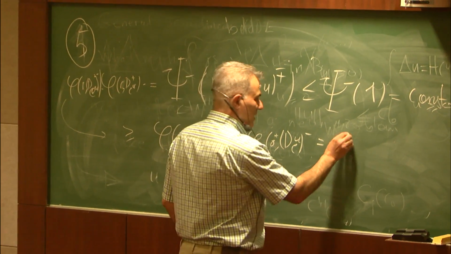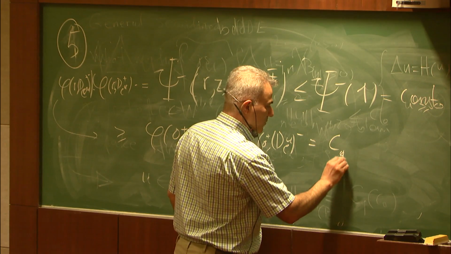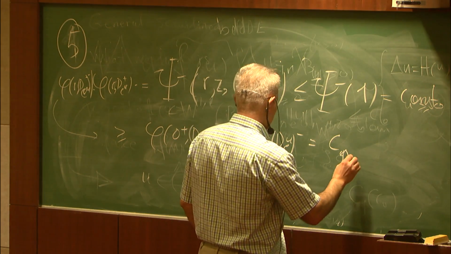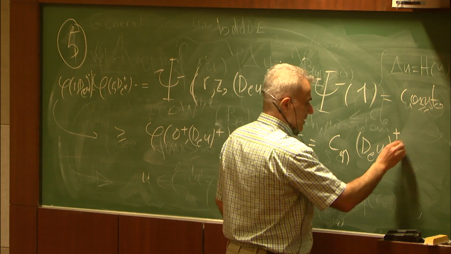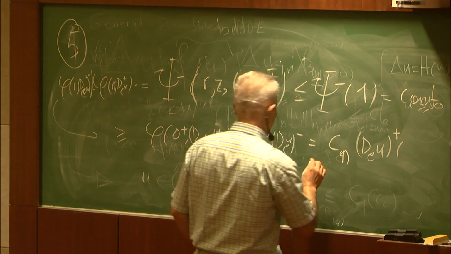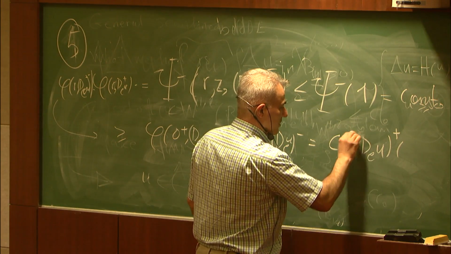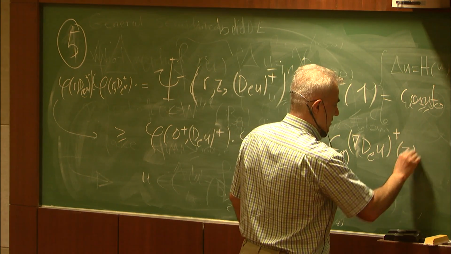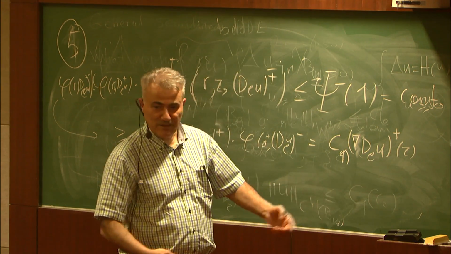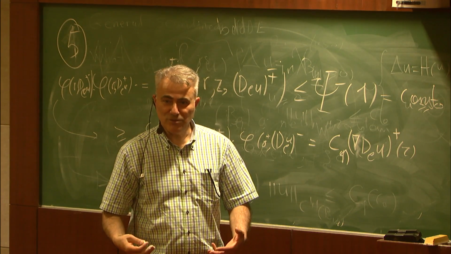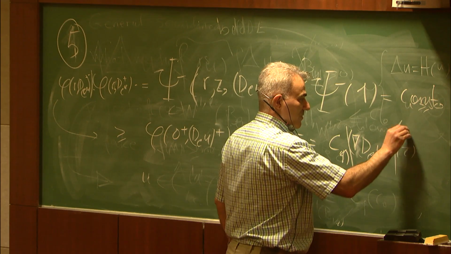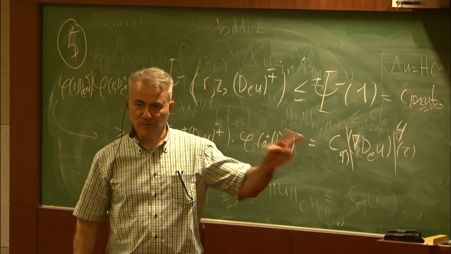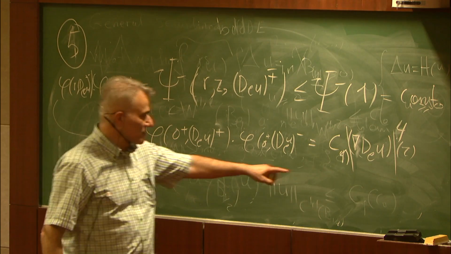This is just some dimensional constant times the gradient of dEu plus at the point z, and then the gradient from the other side, but since the function is C2, they both are the same. So I can take this out, and I'm going to get power 4, because they have 2 from each side. And there's a constant, Cn.